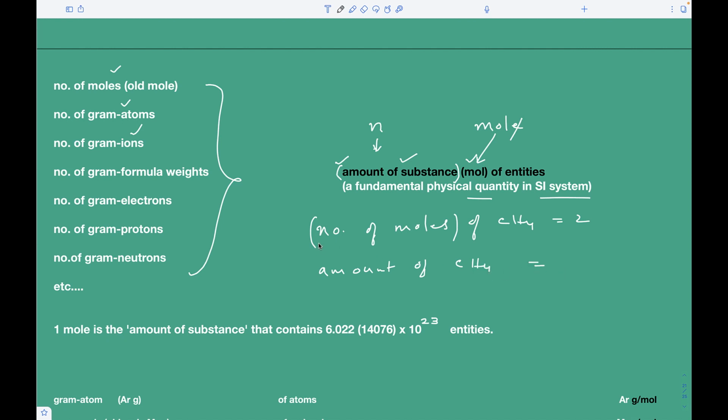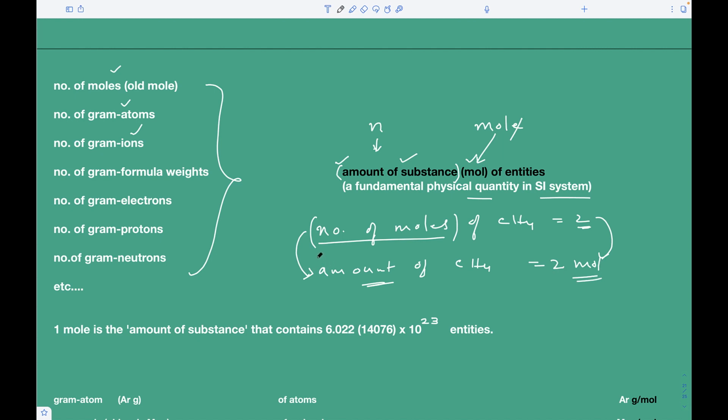Now remember, number of moles is simply a number without any unit next to it. Numbers do not have units. But amount of substance is a physical quantity and its unit is mole. So when you do this replacement, don't forget to add the unit. So amount of methane is 2 mole, not 2.